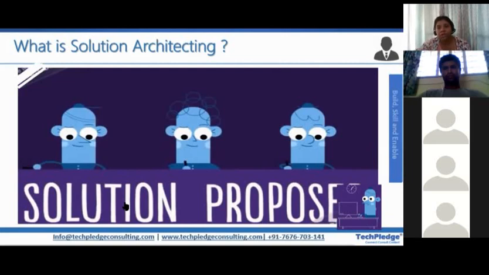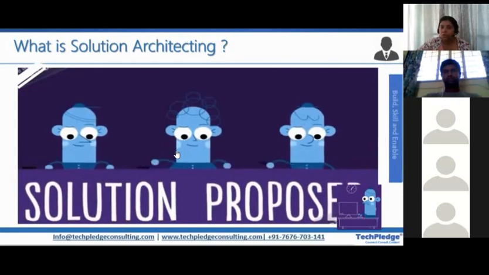So as a solution architect, you do not talk about the product, you talk about the solution. And to give a solution, you should be able to understand the customer requirement. Yes, you would need to identify the customer's pain area and then provide them a solution. That is why you are a solution architect.